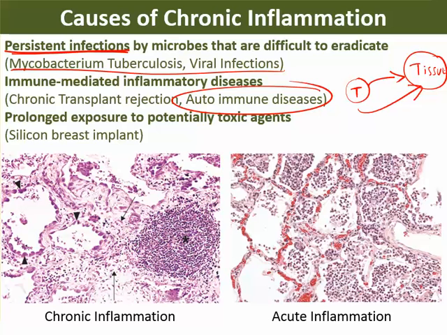So the person will have the tissue in his body till he dies, right? So his own immune system will attack his body. That is called autoimmune disease.